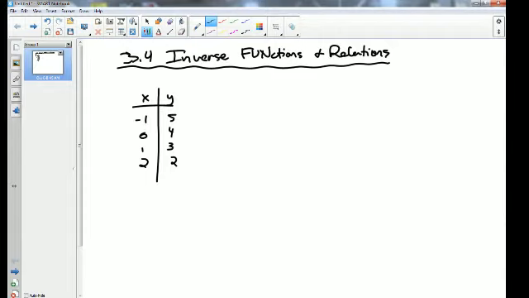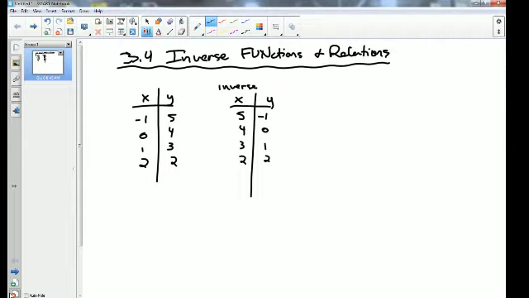Yeah, so the inverse is just switch the x's and the y's. So all you have to remember on inverses is switch x and y.